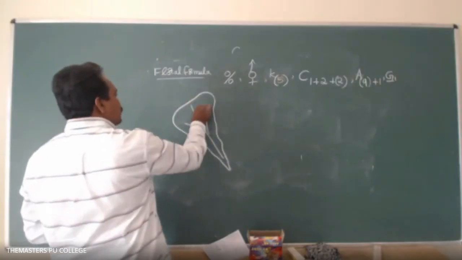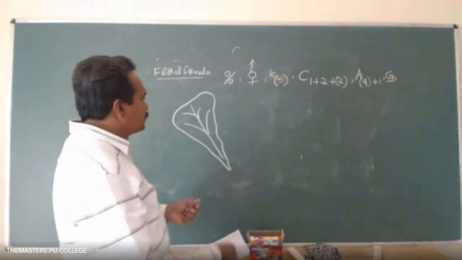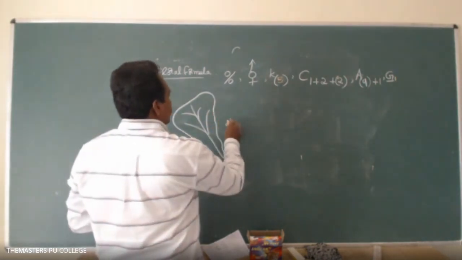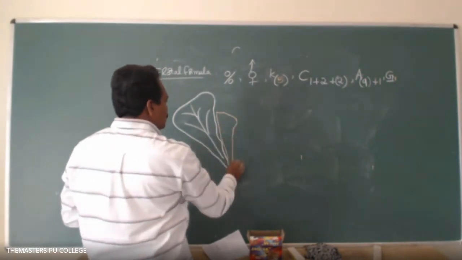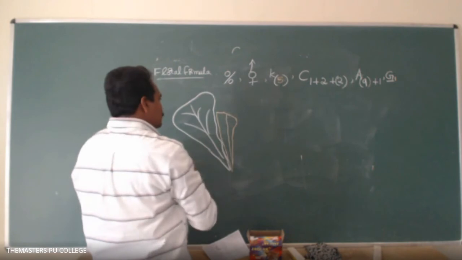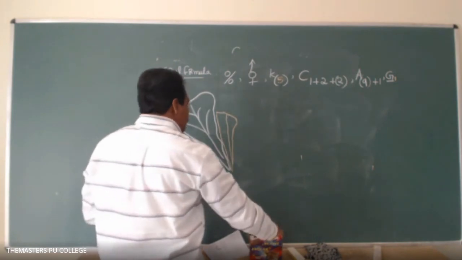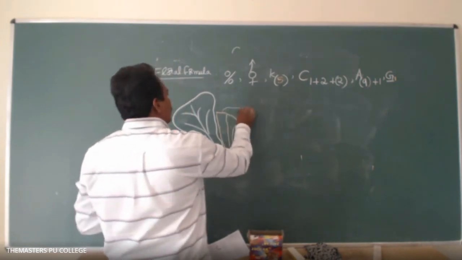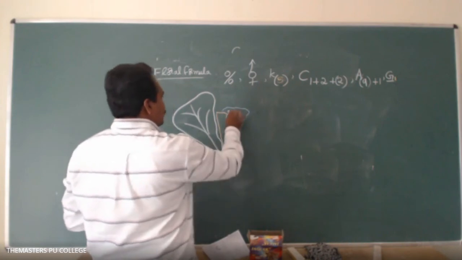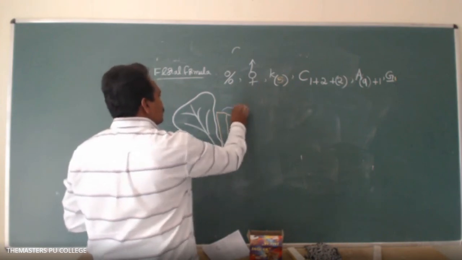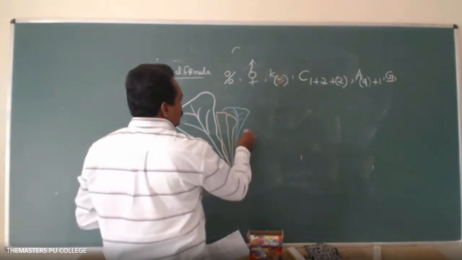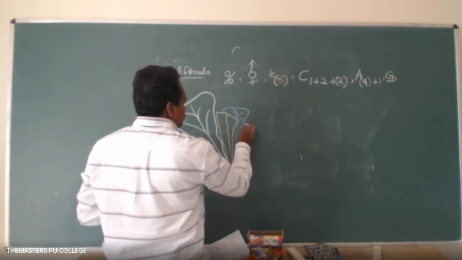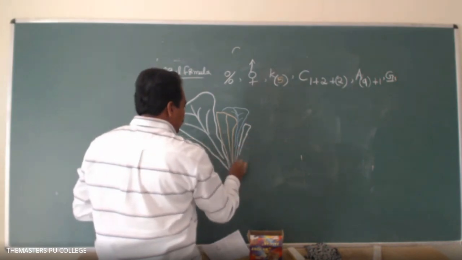We have to consider the one standard petal, then two lateral petals, then two keel petals.